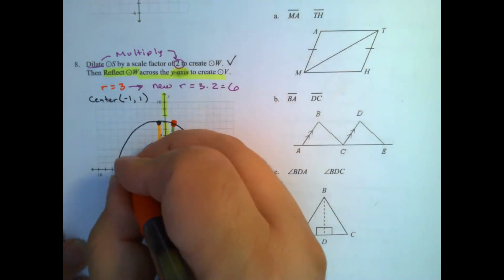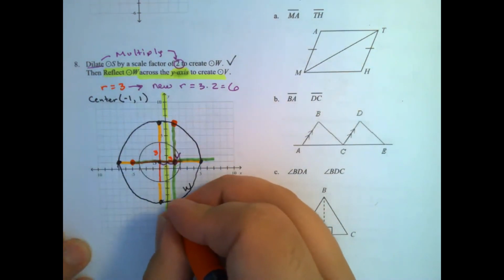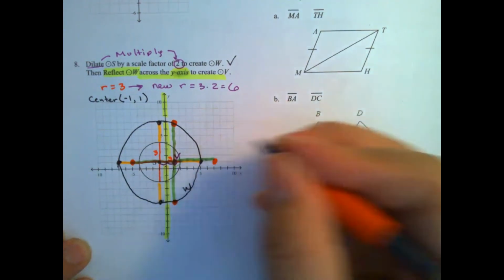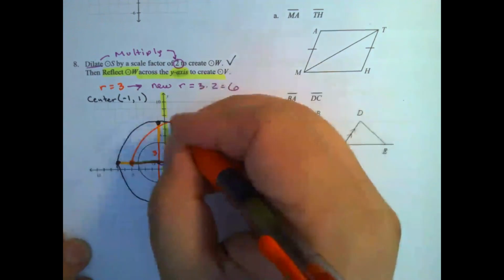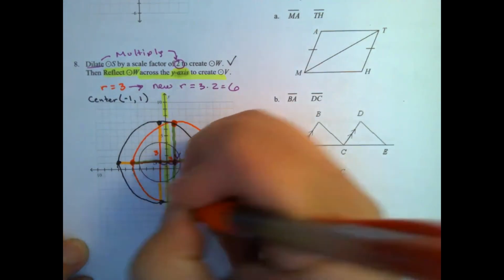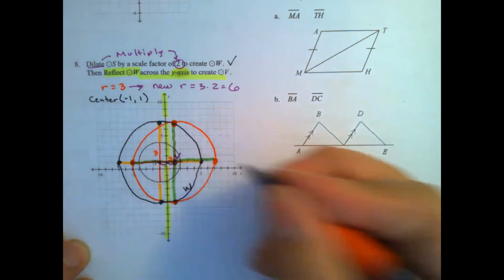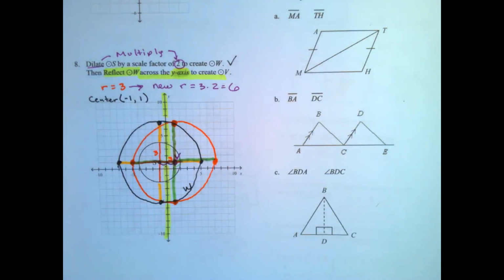Here is my final circle after the 2 moves that we made. It should be the same size as the one we call W. See, just like that, we have the reflection. So it's going to get messy, but if you have a question just like this on the test, just do it one part at a time.